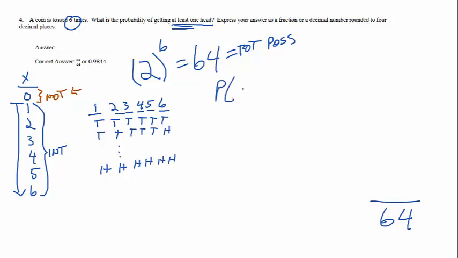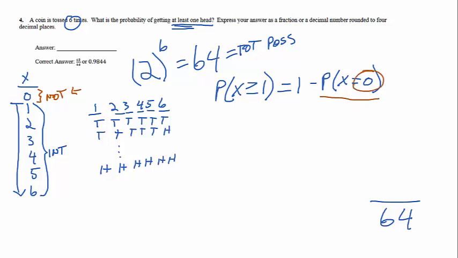We can look at the probability that x is at least, which means greater than or equal to 1, and its complement is equal to 1 minus the probability that x is equal to 0. Does that make sense? This makes it a whole lot easier to calculate this problem because there's only 1 zero.